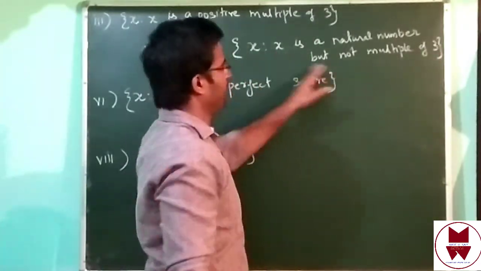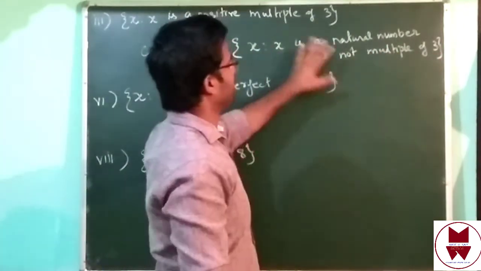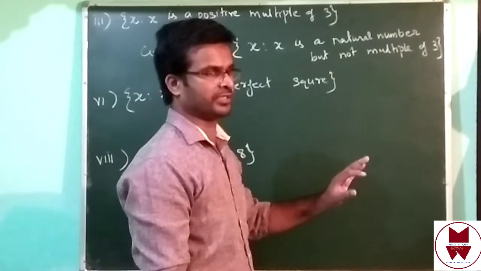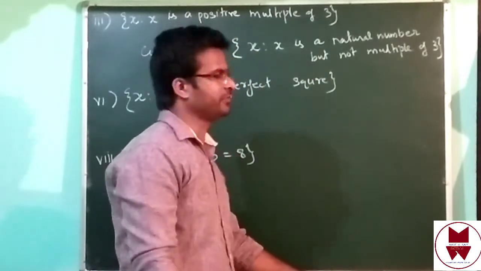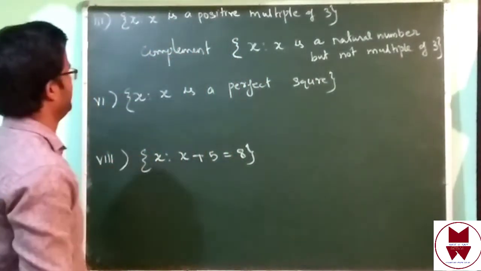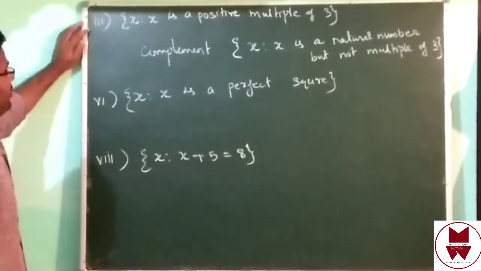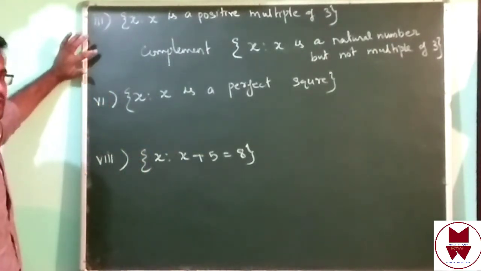We will consider all natural numbers except multiples of 3. Multiples of 3 we cannot consider. Then all the remaining natural numbers we can consider. That is our complement. Then Roman number 4 and 5 we can do as similar questions.